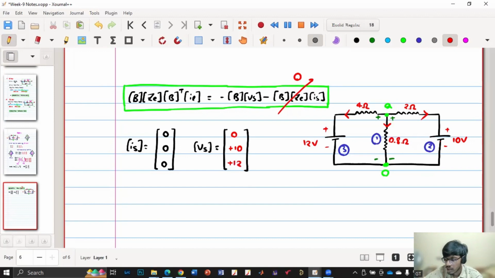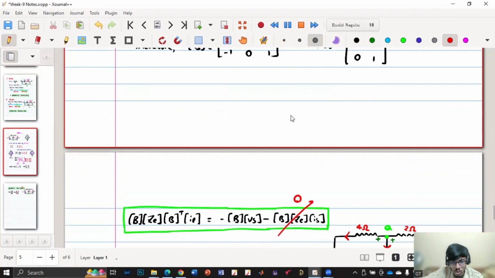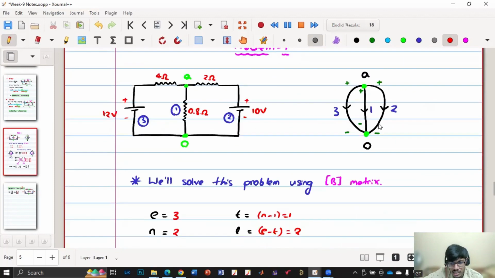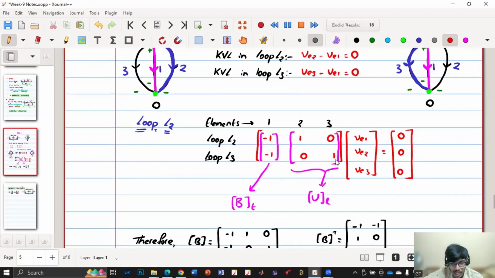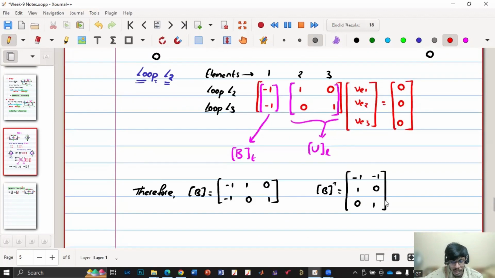Now, during your free time, you can do one small test. Instead of considering the currents here, you change the currents first. If you change the currents, the B matrix will change. So you calculate the B matrix and consider it accordingly, because the voltage polarities will change if you change the current. B matrix changes, B transpose changes.